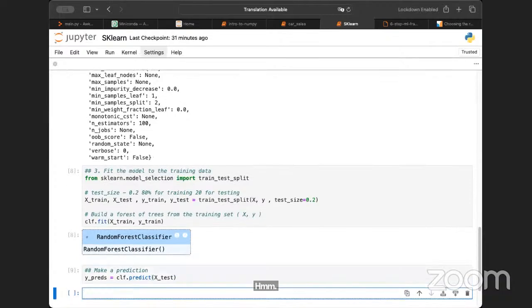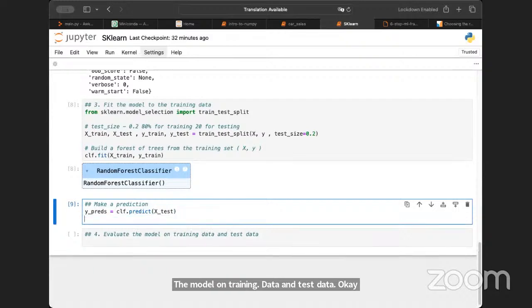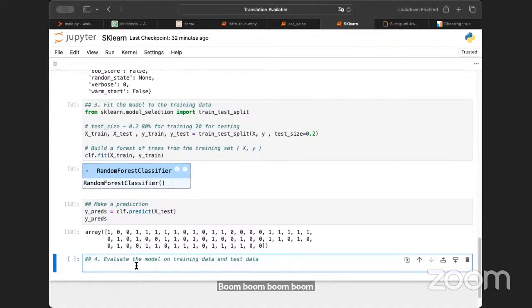And then we can evaluate the model on training data and test data. Boom, boom, boom. Some predictions went on the test data.